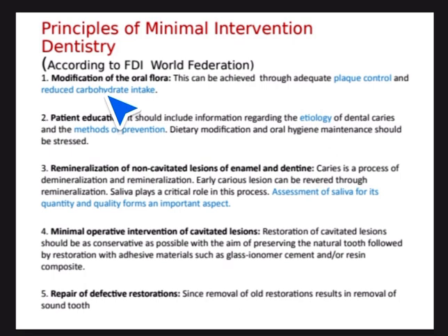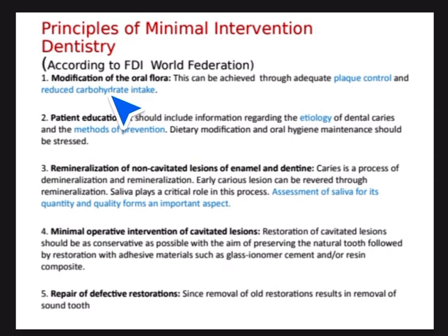So see how you treated the disease? You controlled plaque. Plaque contains bacteria. These bacteria, when they work on carbohydrates, produce acid. And this acid causes demineralization. And demineralization later becomes dental caries.